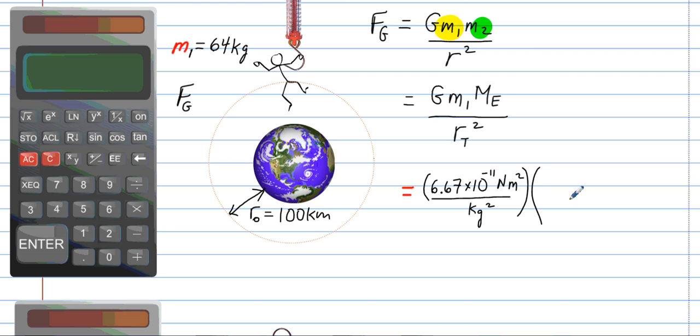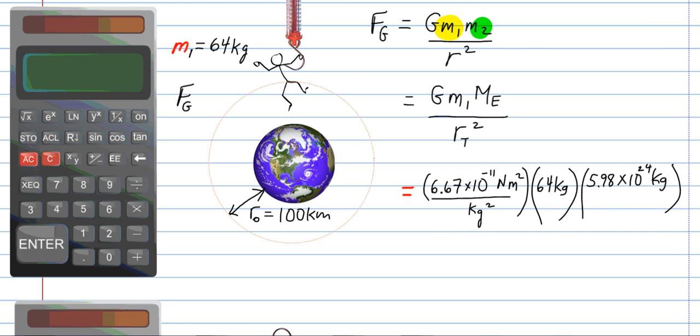In this case, I've chosen 64 kilograms just arbitrarily. And that will be times the mass of the Earth, which you can look up anywhere and find that it is 5.98 times 10 to the exponent 24 kilograms, a rather massive body.